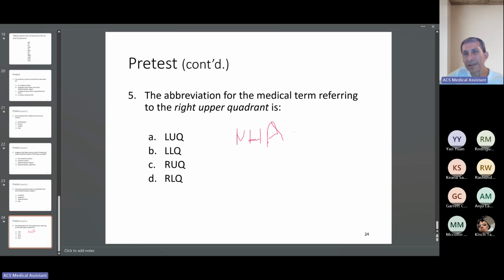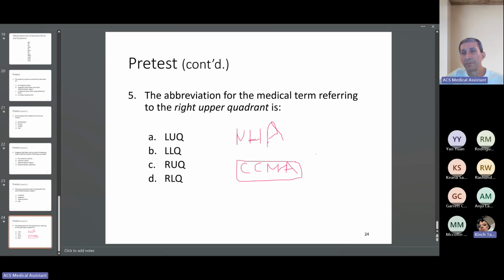That's the organization that gives the exams that you're going to take, and you're going to look for the CCMA practical exam. When you search CCMA NHA practical exam, they know that this is the certified clinical medical assistant.